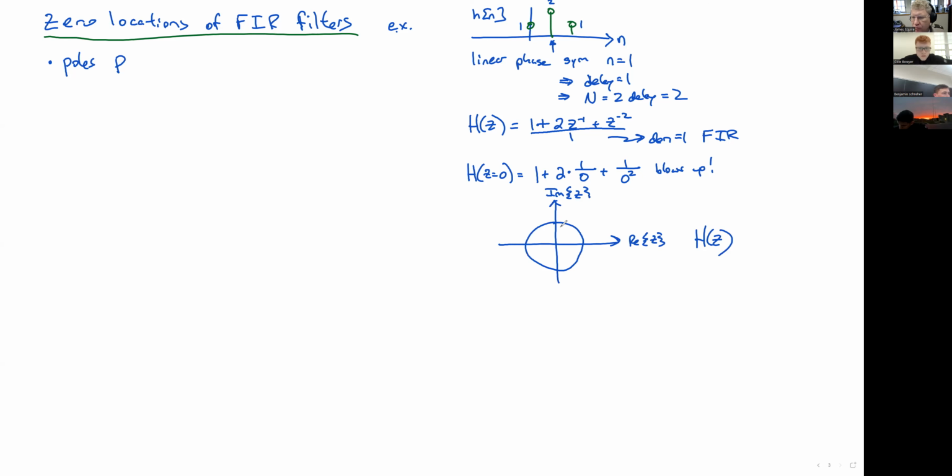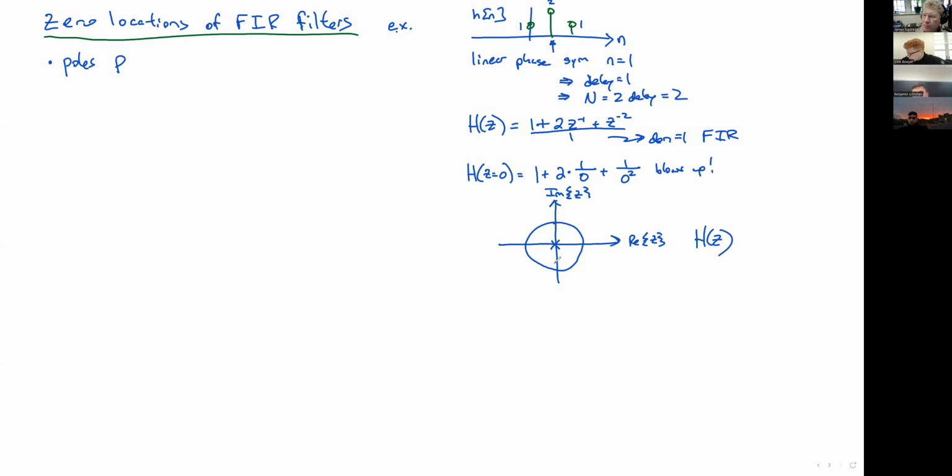And our h of z here can have poles at z equals 0. Now, here's the cool part. Those poles at z equals 0 do not affect your frequency response at all, because as you go around your unit circle, if you look at the height of what h of z is as you go around the unit circle, it's always equidistant from that pole, so it doesn't affect the frequency response at all.